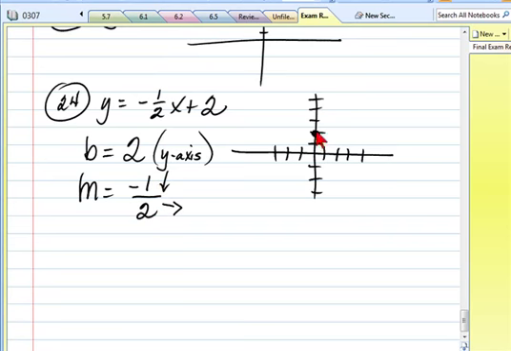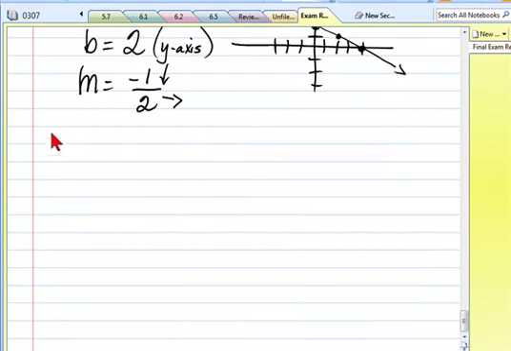So from this beginning point, I go down 1, right 2, and draw another point. Down 1, right 2, another point. Straight edge would be a good tool to have, but I've just drawn a little wiggly line. My slope is negative. Does that match my line? Do I have a falling line? And you might take a moment to think about that.